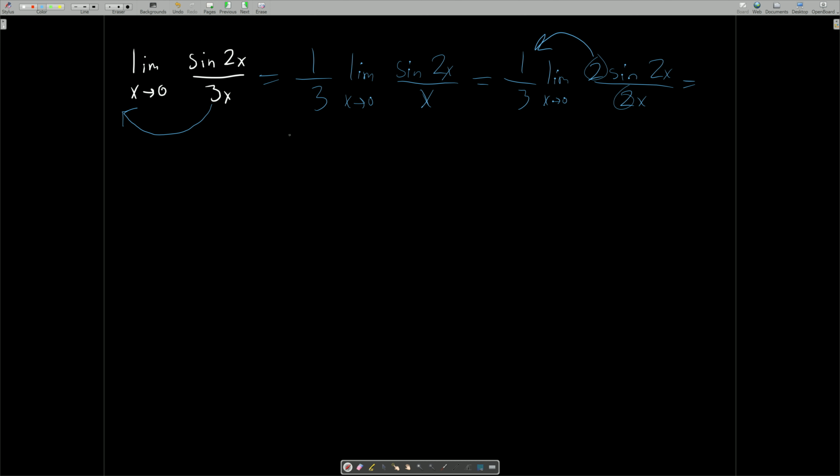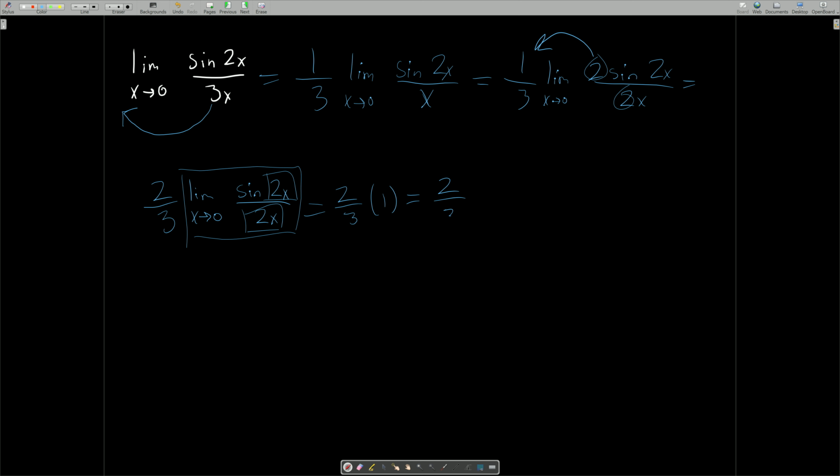So you get 2 times 1/3, which is 2/3, times the limit as x approaches 0 of sine 2x over 2x. Now you have the same value here, which means this limit can be replaced by 1. 2/3 times 1 is 2/3. That's the answer.